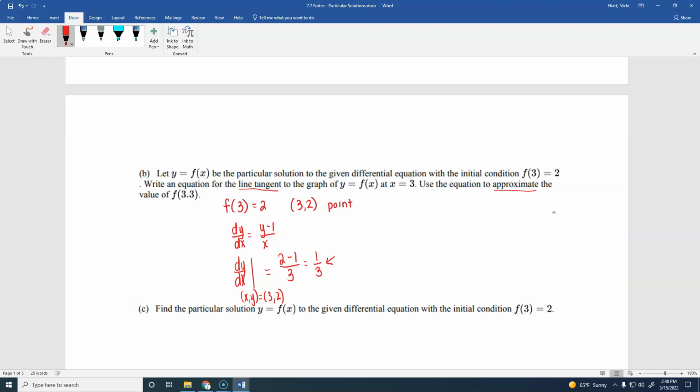That is our slope. So that differential equation is your derivative for this particular solution that we're talking about. So if I've got my point and my slope, I'm going to write my equation of tangent line.